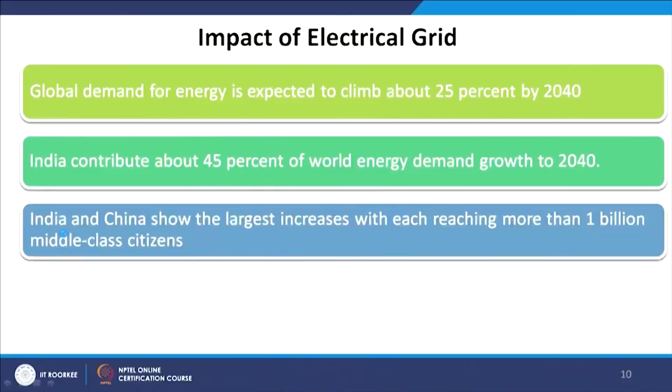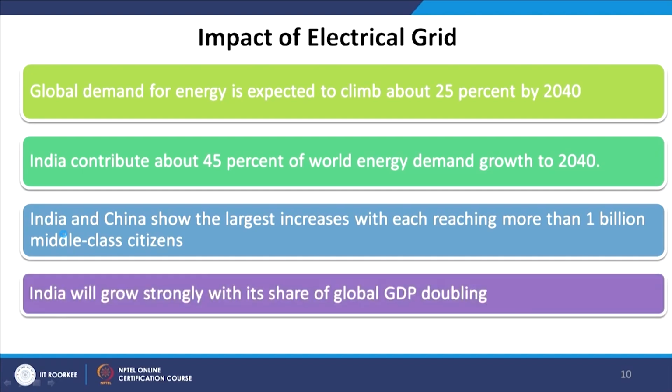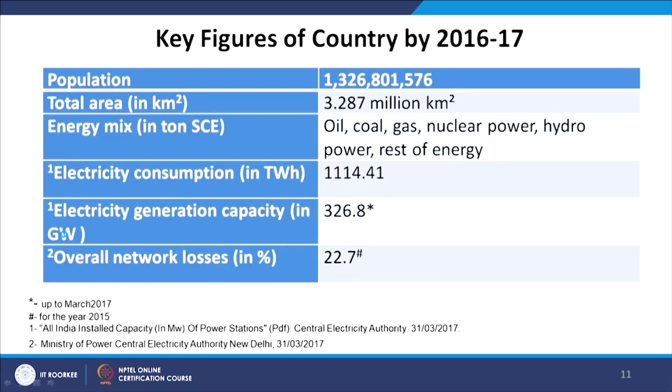India and China show the largest increase, with each reaching more than 1 billion middle class citizens. India will grow strongly with its share of global GDP doubling. Now, if you look at the key figures of our country in 2016-17, the population is 1.32 billion, which is huge.